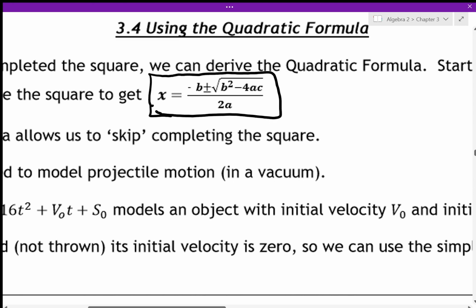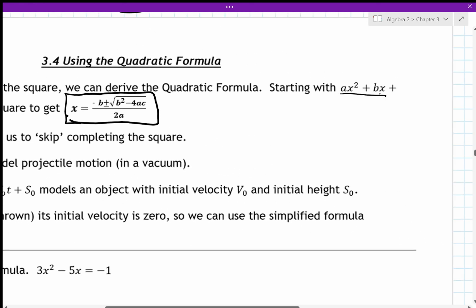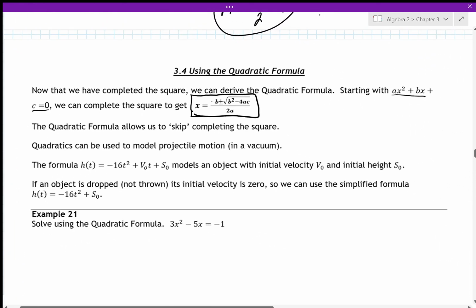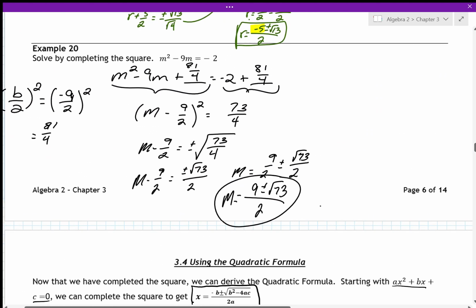But here we have the quadratic formula right there. What I would do in class is show you us starting off with ax squared plus bx plus c equals 0, and then I would complete the square using just those variables. Like in the last one, we completed the square using the actual numbers, right?